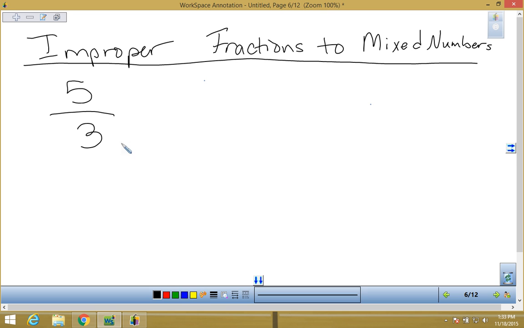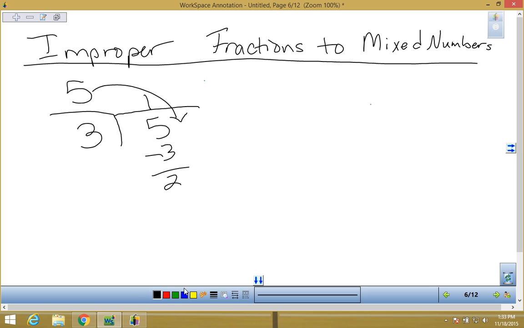So the way that I've always done this is I draw a division house right next to my denominator, and this numerator drops in here. It's going to take a tumble into the division house. And then you divide. How many times can 3 go into 5? Once, and you multiply around, and then you get this remainder.